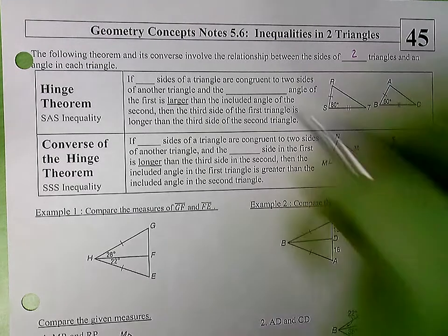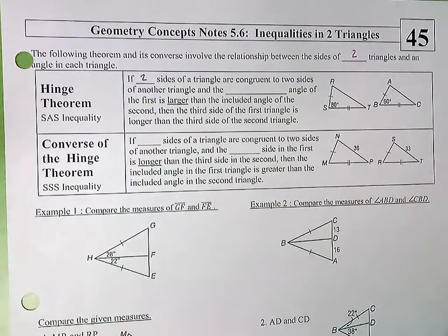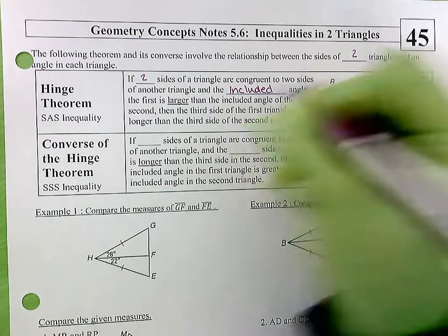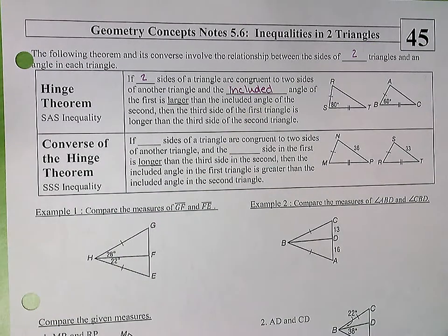Okay, so if two sides of a triangle are congruent to two sides of another triangle, and the included angle of the first is larger than the included angle of the second, then the third side of the first triangle is longer than the third side of the second triangle.